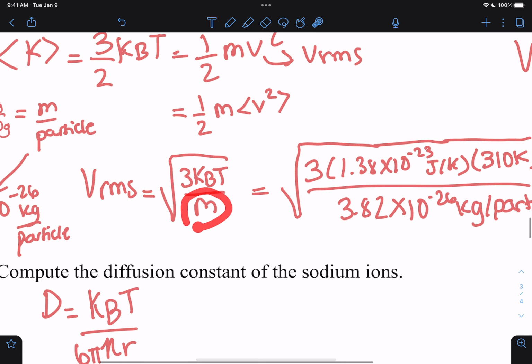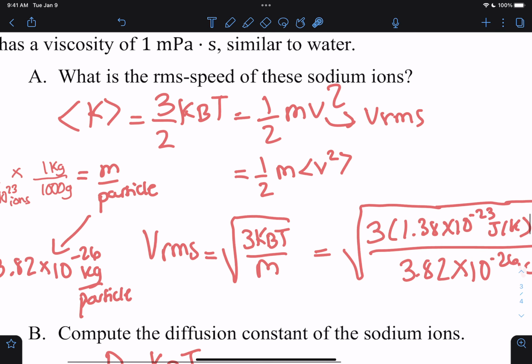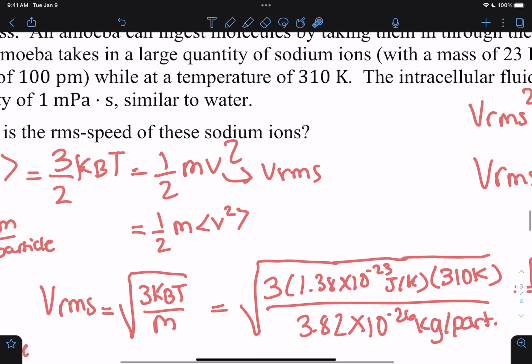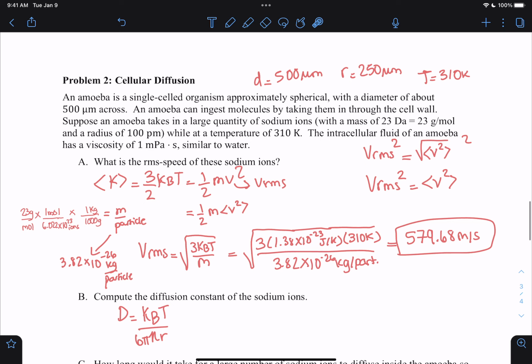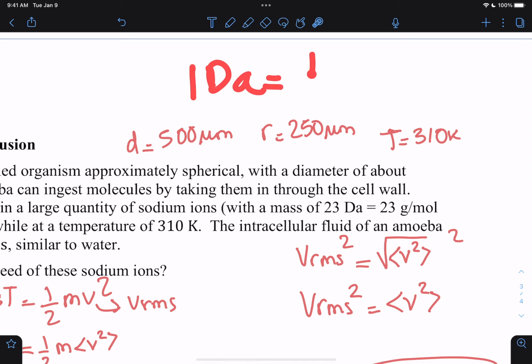Yeah, for this equation here, the mass that you use is the kilograms per particle. And the same thing for this equation up here. For half mv squared, it's the mass per particle. Yeah, so 1 Dalton is equal to 1 gram per mole.